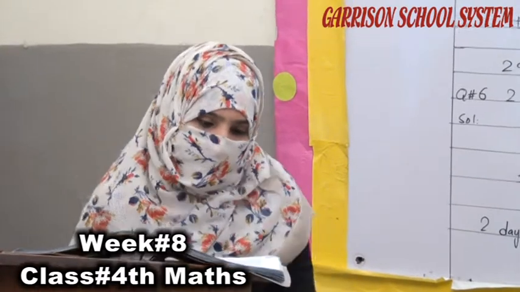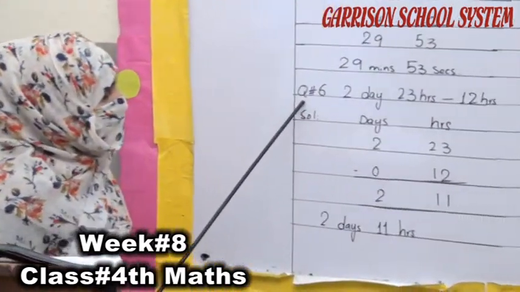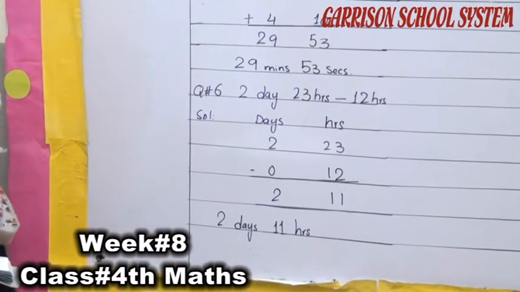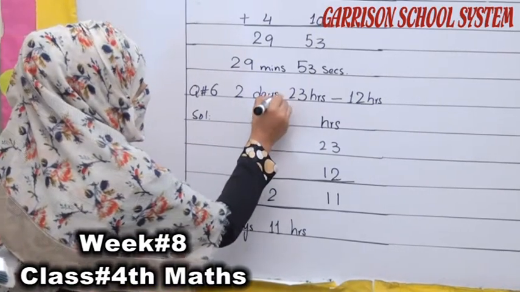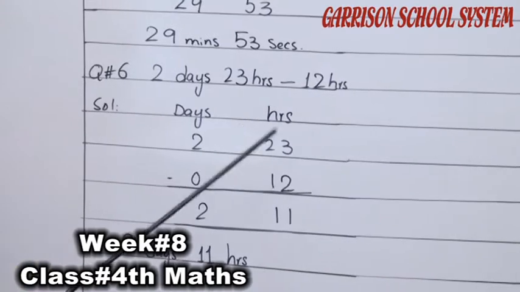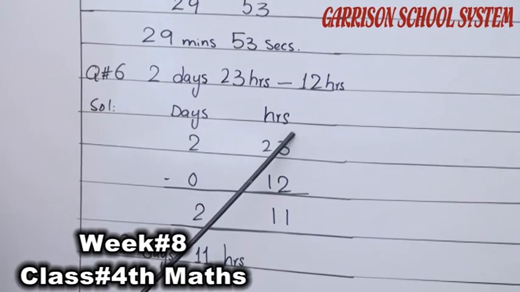Next, I write question number 6. Question number 6: 2 days and 23 hours minus 12 hours. Firstly, we write days and hours.